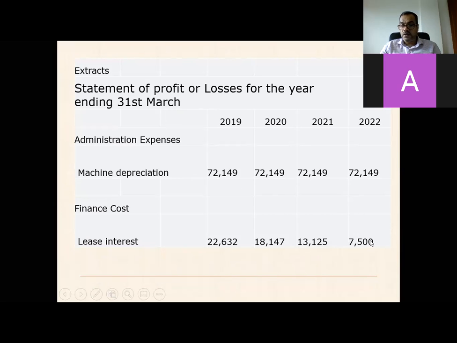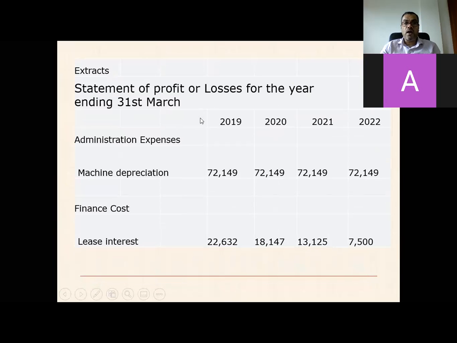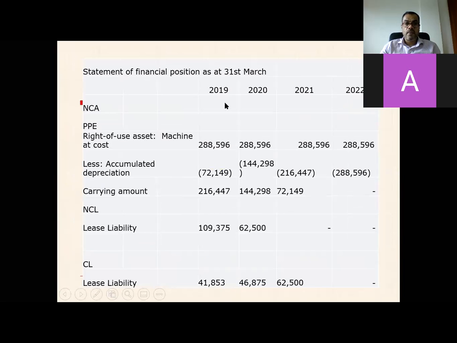So these are the interest charges which were seen in the ledger accounts, and they are seen in the statement of profit or loss. Then in the statement of financial position, for the right of use asset, this is the cost, this is the depreciation. Finally, you can see the carrying amount becomes zero at the end of year 2022.